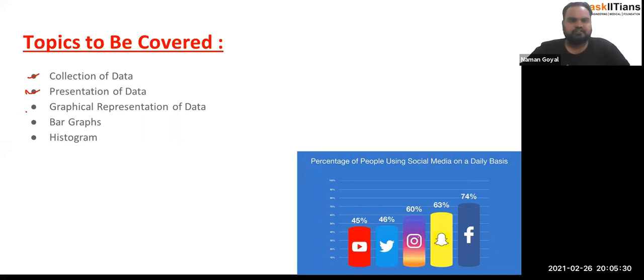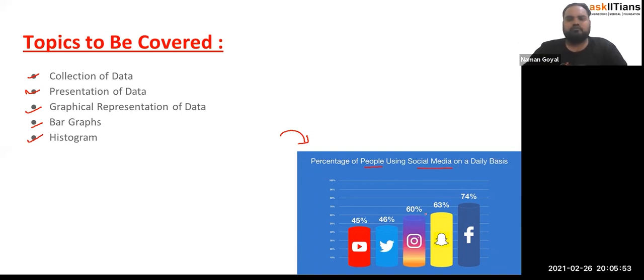So the next topic is graphical representation of data. In graphical representation we have so many types. One is the bar graph and another one is the histogram. Now if you see here, there is a graphical representation of the percentage of people using social media on a daily basis.